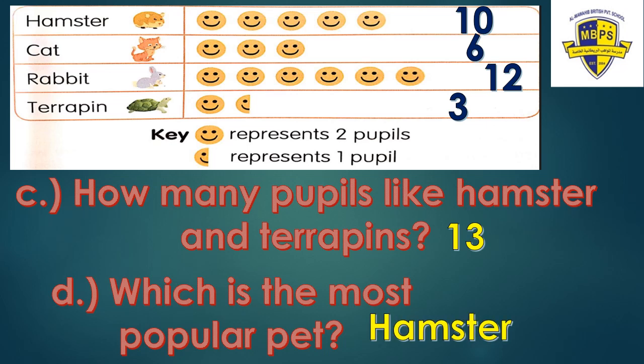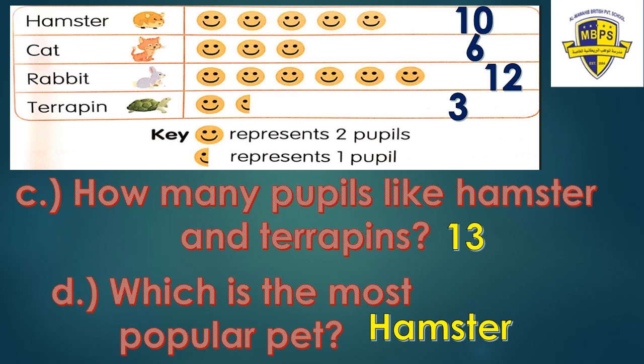Let's solve this question. See, how many pupils like hamster and terrapins? Okay, we have to count both together. So we saw how many pupils like hamster? Very good, 10. And how many pupils like terrapins? Excellent, 3. So 10 plus 3 is equal to 13.